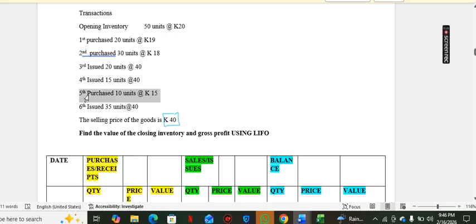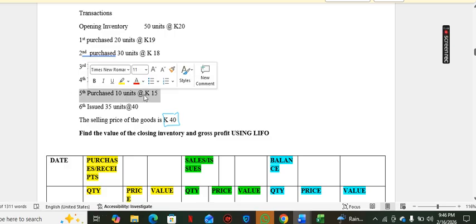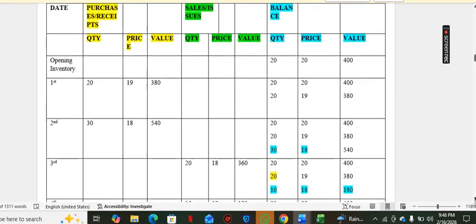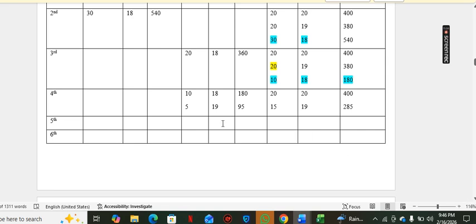Purchased 10 units at 15 kwacha. So we come to purchases. Purchased 10 units at 15 kwacha. So 150 here.